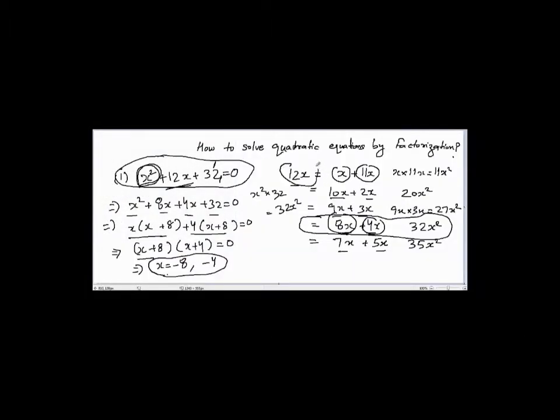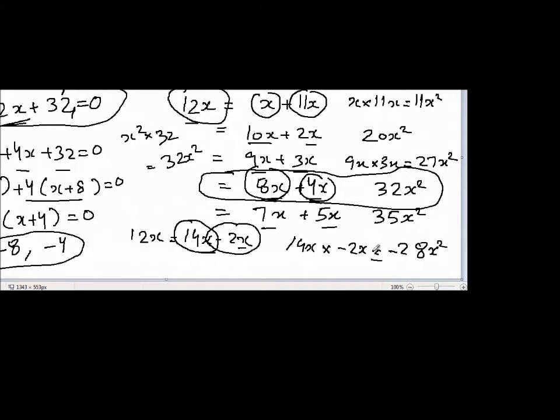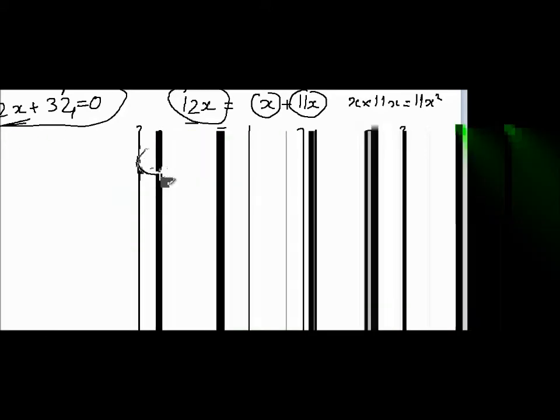Now let's take another example. Here's one more important point actually. One can argue that 12x is also equal to 14x minus 2x and all that, but let's check the product of these two terms, 14x and minus 2x. The product of 14x and minus 2x is equal to minus 28x squared. So we are having something negative here, but the product of 32 and x squared is positive, so we want something positive here.